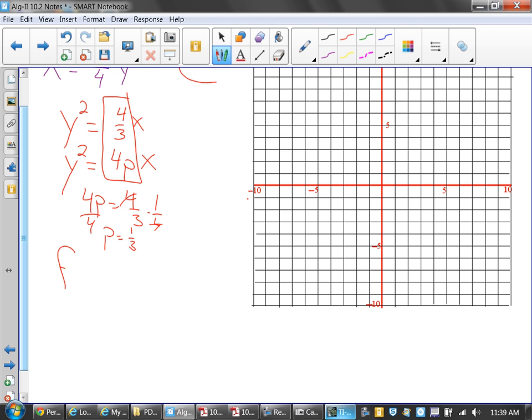So that means my focus is where? And my directrix is where? Notice how your focus and the directrix have the same coordinate. The focus deals with x in this problem, then the directrix is at x equals. That's because it's a y squared problem.